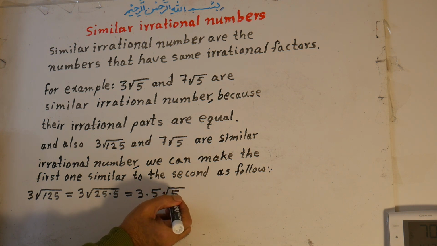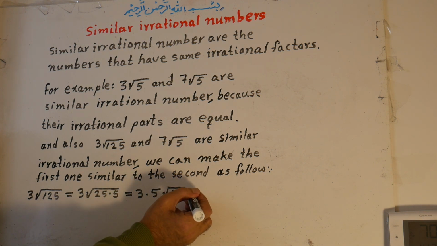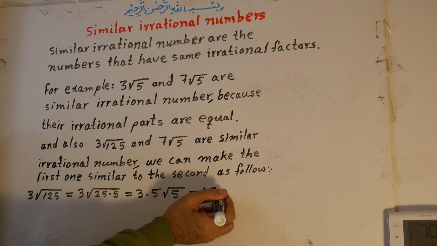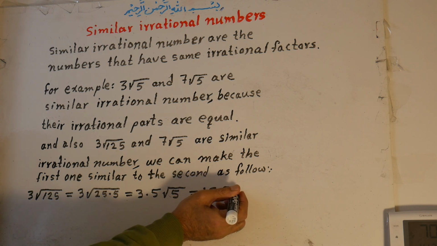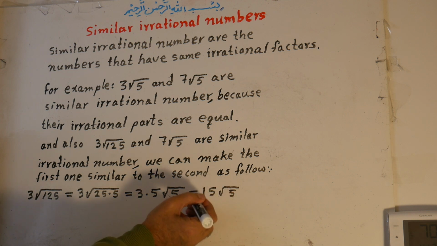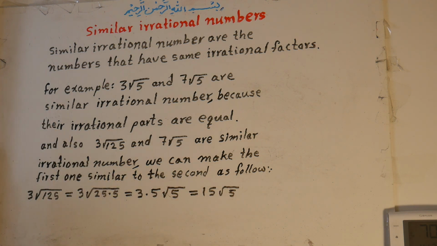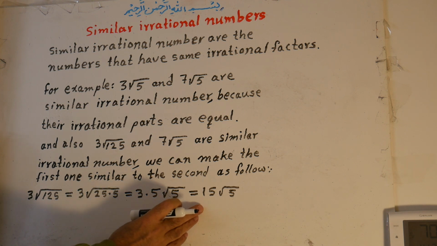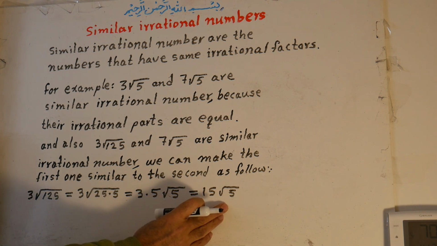Now 3 times 5 is equal to 15, so 15 square root of 5. See, we converted 3 square root of 125 to 15 square root of 5.